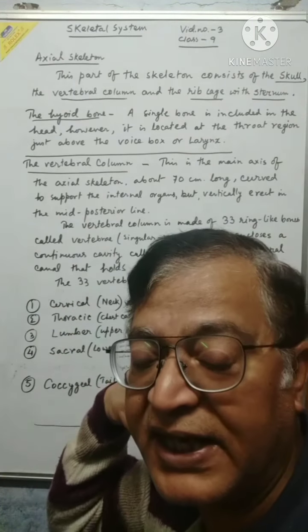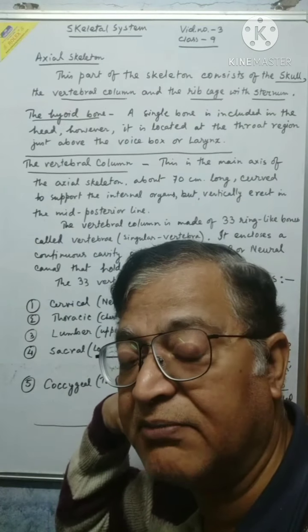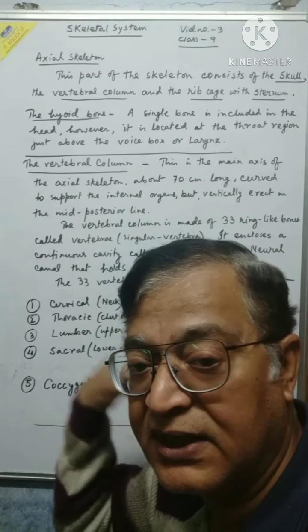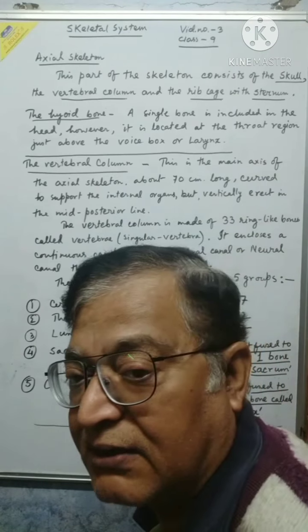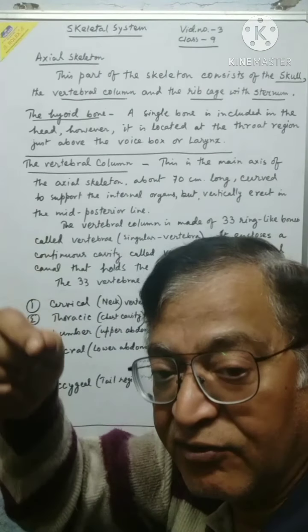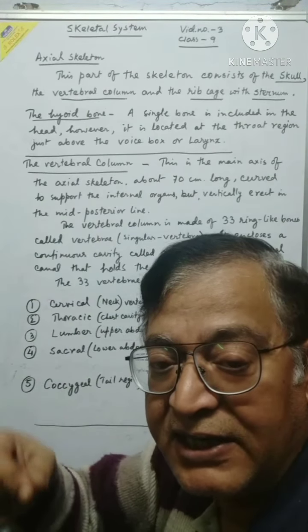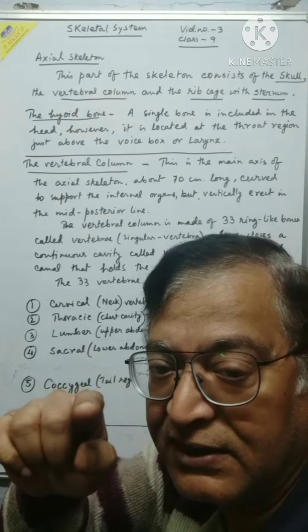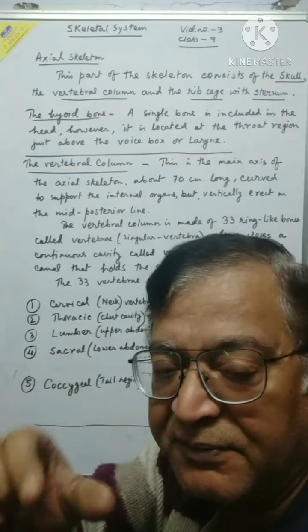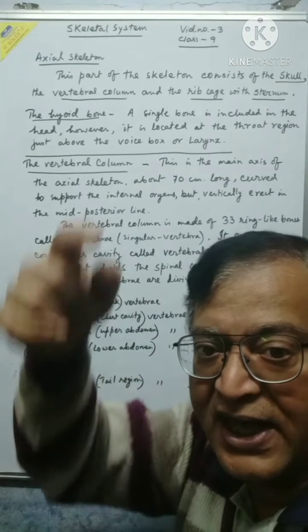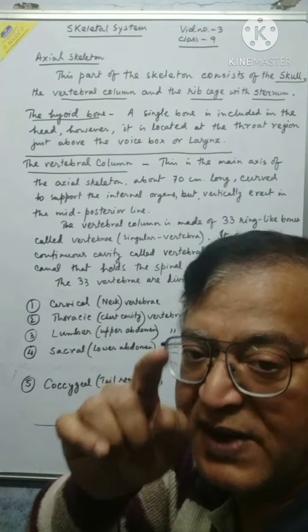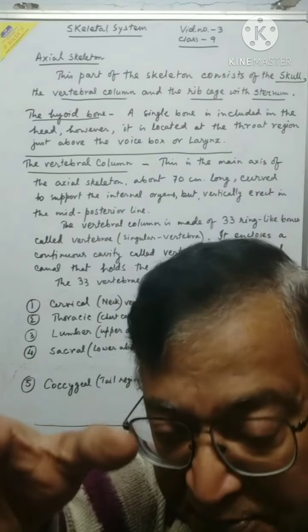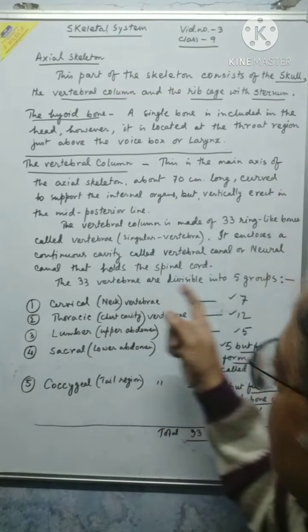It starts from the neck after the foramen magnum coming from the head and continues till the end of the vertebral column. A continuous tunnel is made by a ring-like opening, a hole in each vertebra, which is joined end to end, forming a continuous tunnel. The spinal cord is located in that, protected and doing its function.